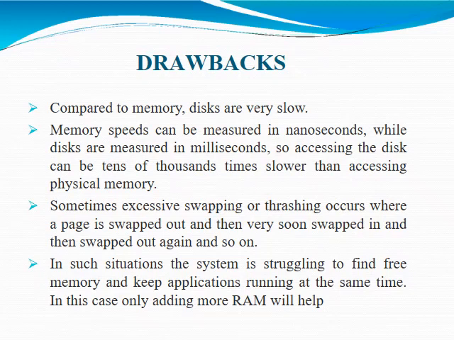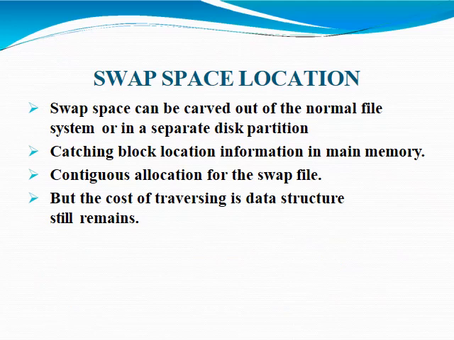Sometimes excessive swapping, or thrashing, occurs, where a page is swapped out and then very soon it is swapped in, and again swapped out. In such situations, the system is struggling to find free memory in order to keep the applications running at the same time. In this case, only adding more RAM will help instead of relying on swap space.